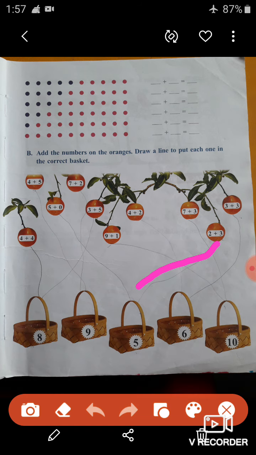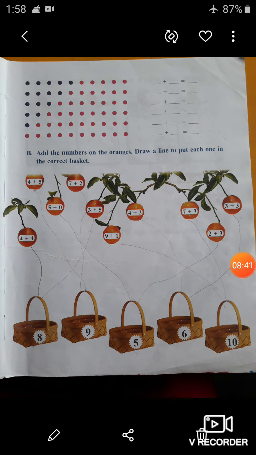So we have to match or draw a line here. The next one, 3 plus 3. So students, 3 plus 3 equals 6. So you have to draw a line from here to here. So I hope you understood this exercise.